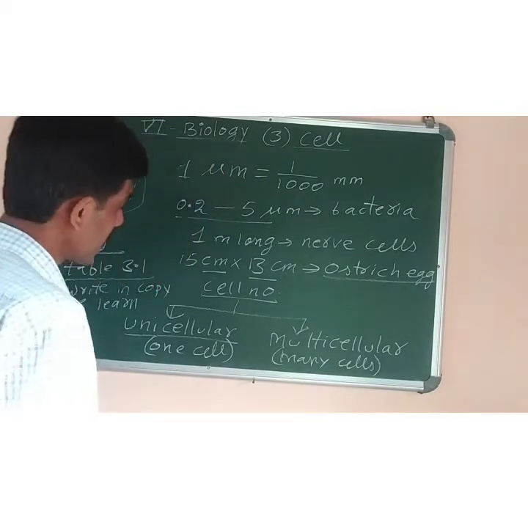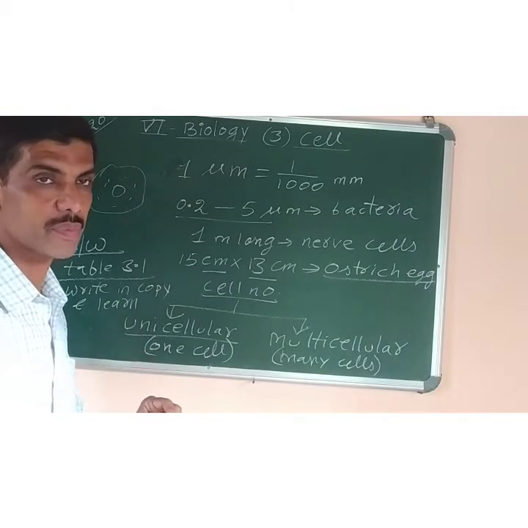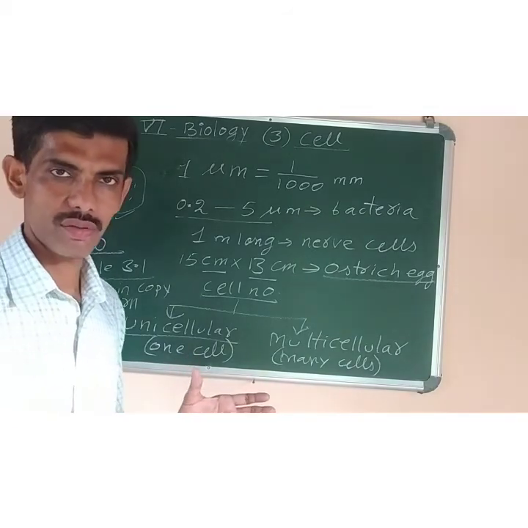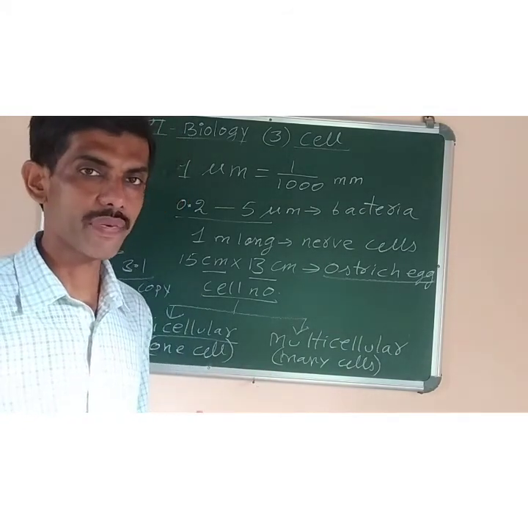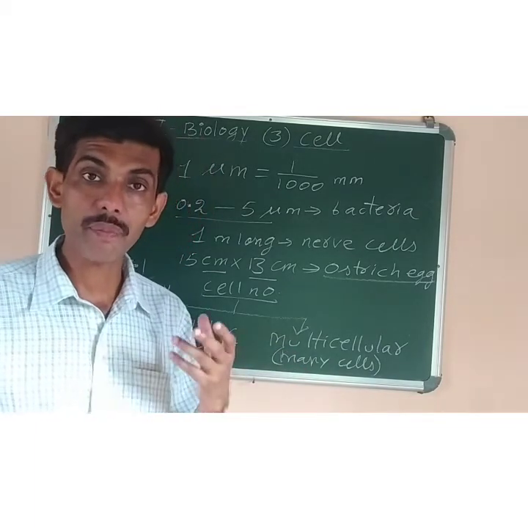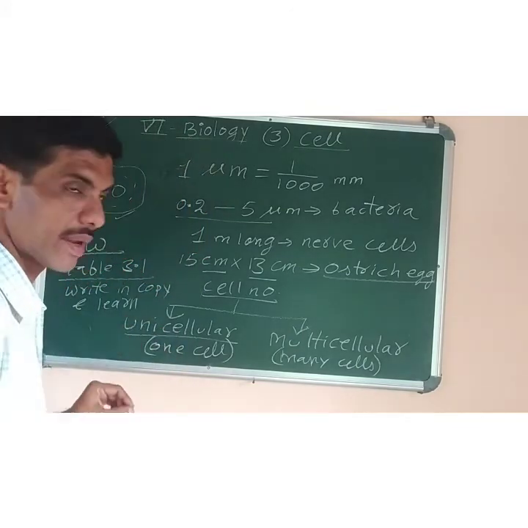And the next one, the unicellular organisms have a simple body organization. Simple body organization means their body is made up of simply a single cell that carries out all the functions. But in multicellular organisms, their body has a complex organization. And the last one is the lifespan.